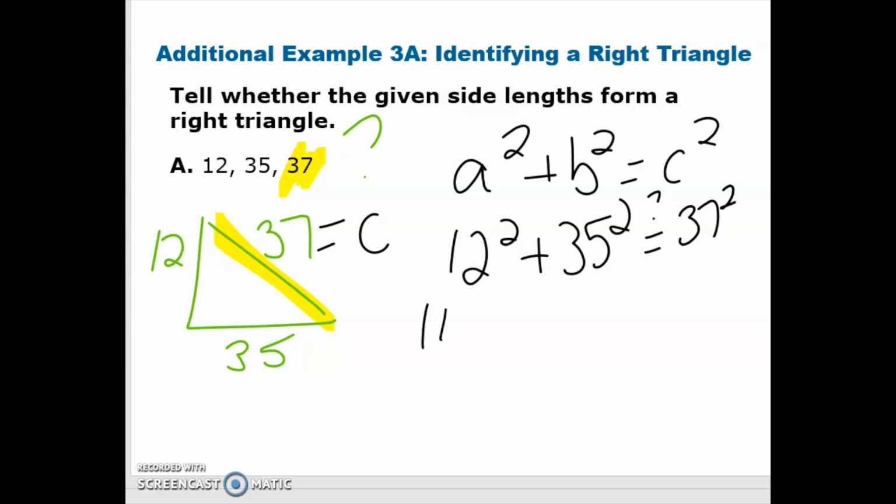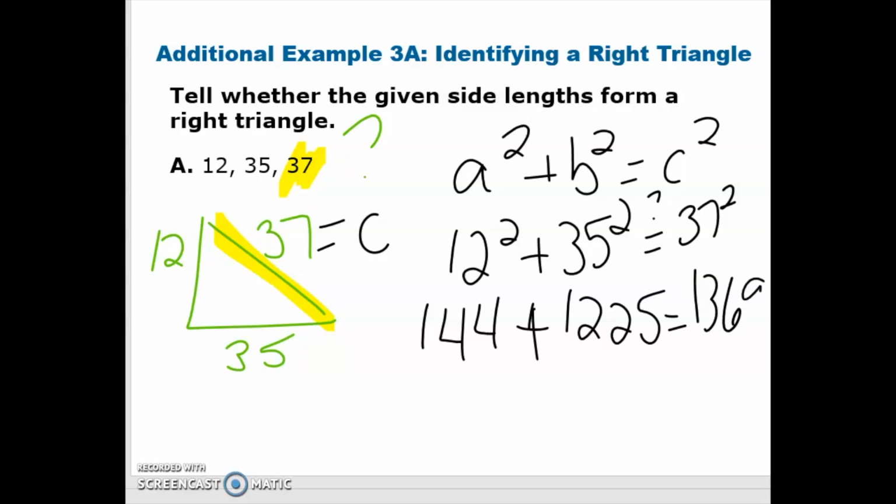We all know 12 squared is 144. 35 squared is 1,225. And 37 squared, sorry, it's a messy equal sign, 37 squared is 1,369.